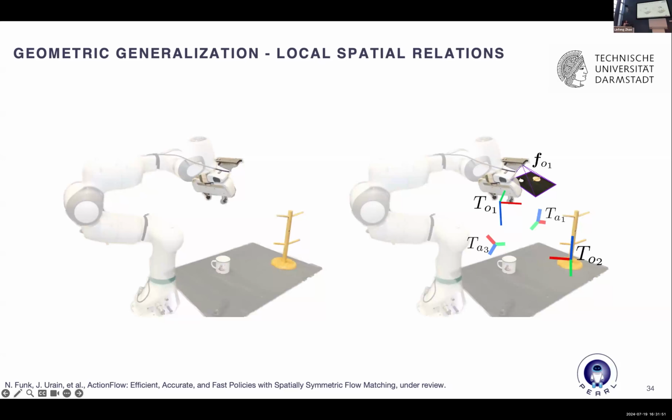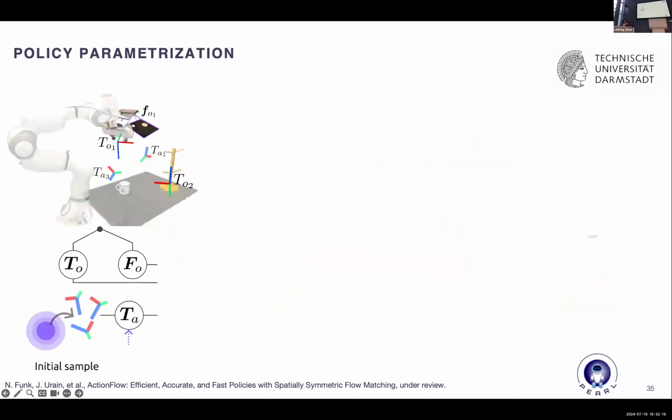This could also be point clouds, where you have certain registered frames. And you also sample possible actions, so possible end effector frames. So in the end we represent the scene as this set of poses, and we add additional features to them.